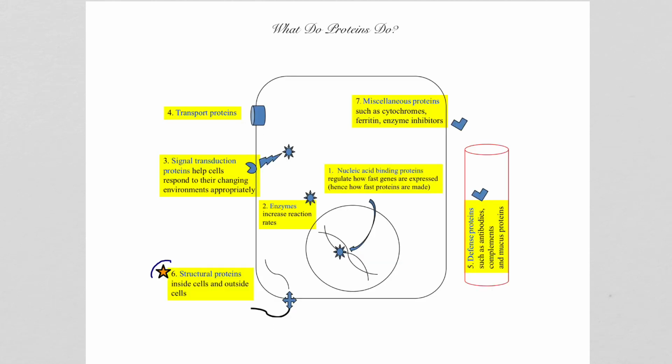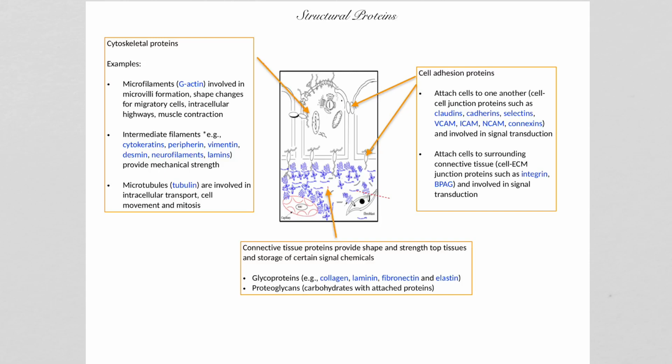The sixth category of proteins we have in our body are the structural proteins. So the structural proteins include cytoskeletal proteins, cell adhesion proteins, as well as connective tissue proteins.